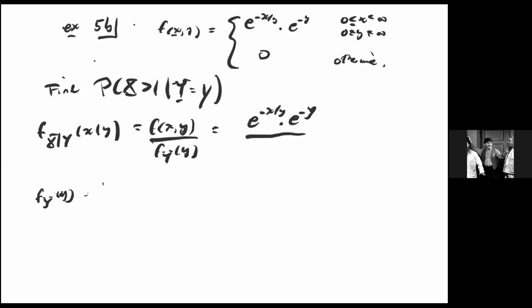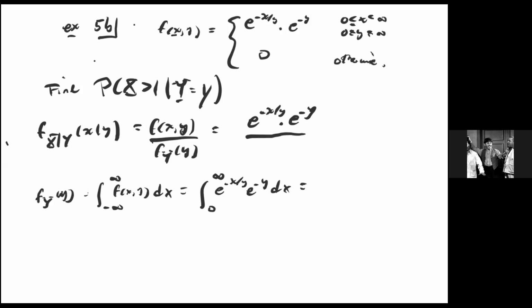That's the integral from minus infinity to infinity of f of x,y dx. But that's the same thing as integrating from 0, because for x negative there's nothing there. So it's the integral from 0 to infinity of e to the minus x over y times e to the minus y, integrating with respect to x. And what do you get here?